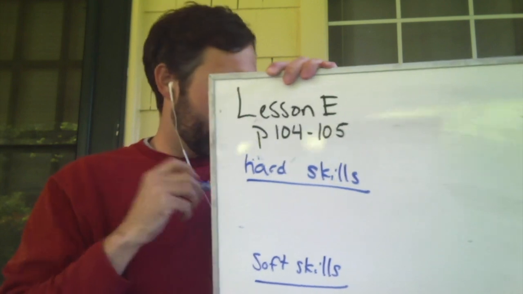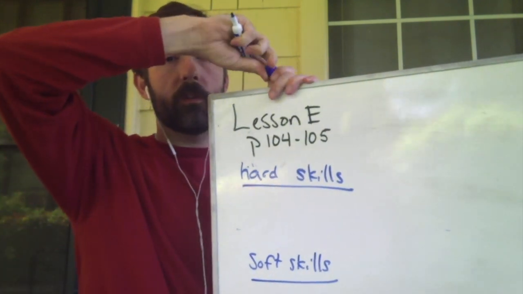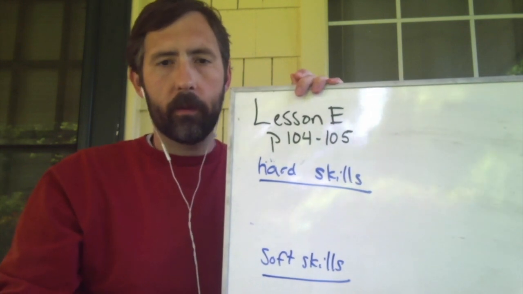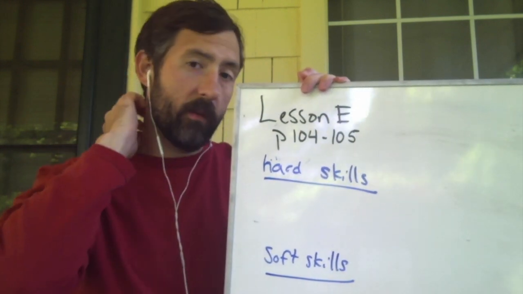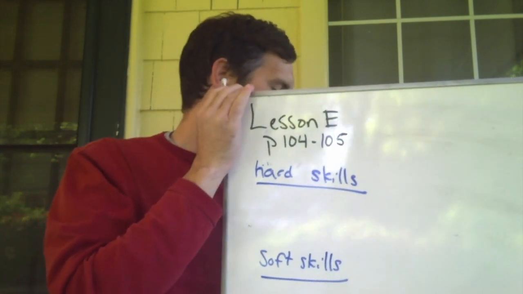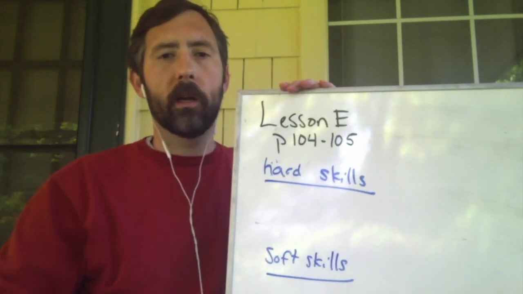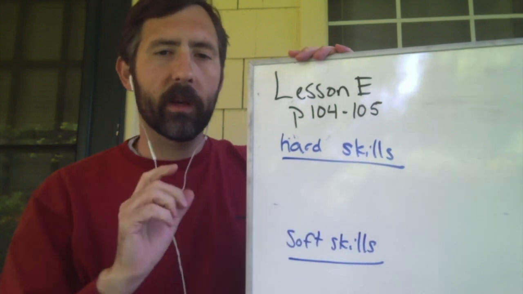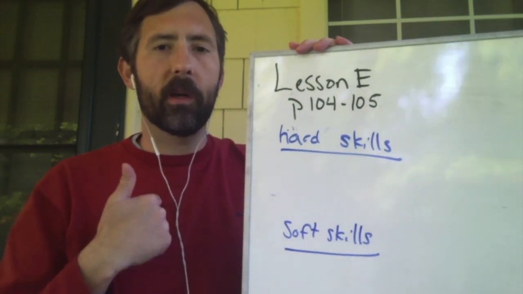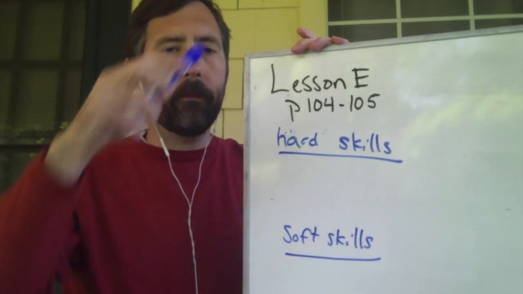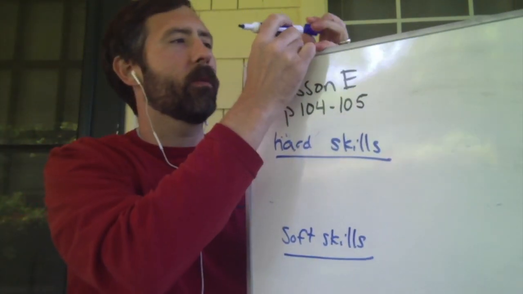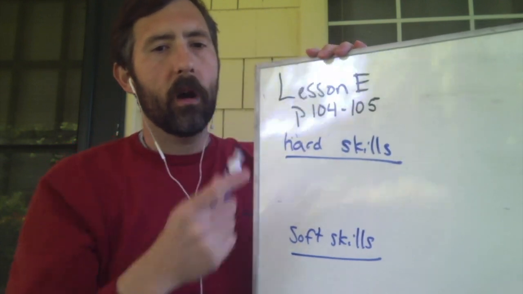So in our cover letter, we want to include both. We want to show the experience that we've done, and we also want to show some things that maybe everybody can do. But then we also want to show things that make us special or unique, in ways that maybe set us apart from everyone else.